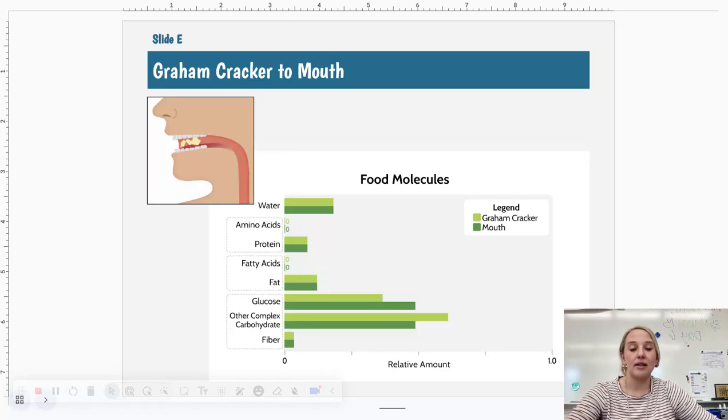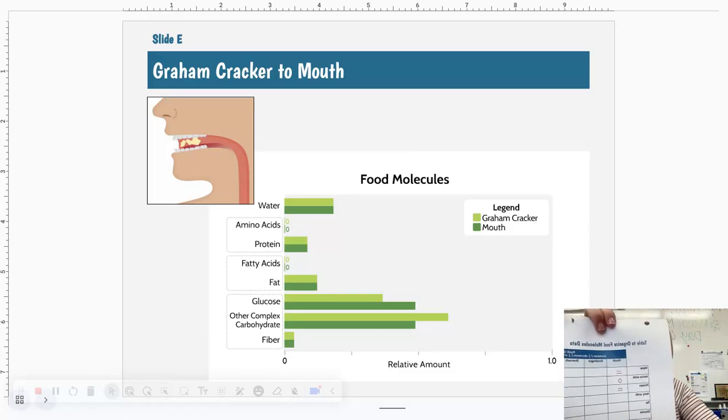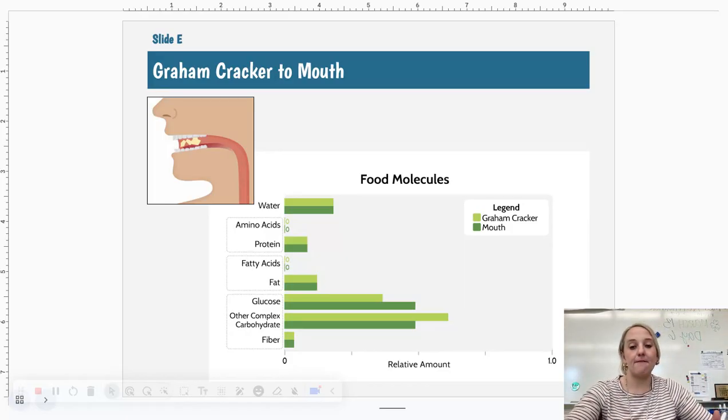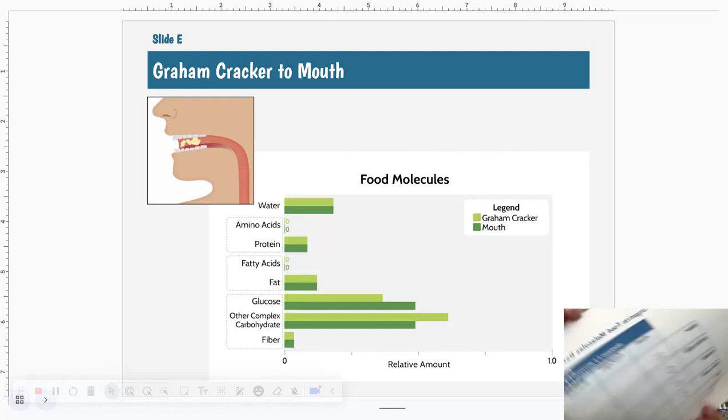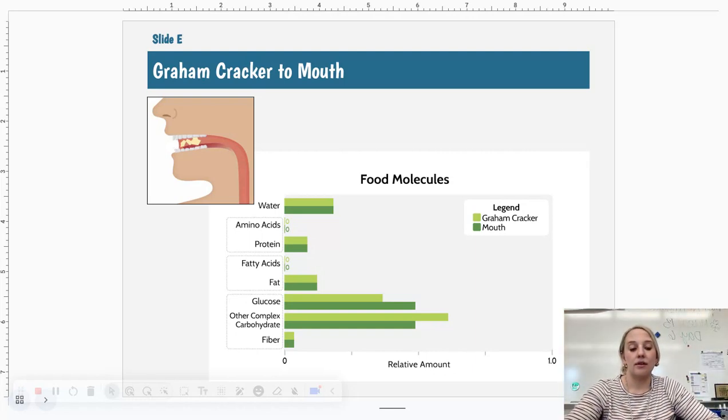Protein. Increase, decrease, stay the same, or 0? Stayed the same. Fat, fatty acids. Increase, decrease, stayed the same, or 0? 0. Fat.